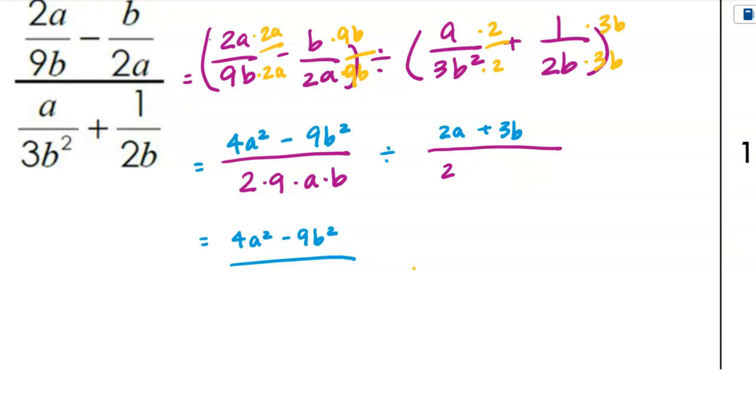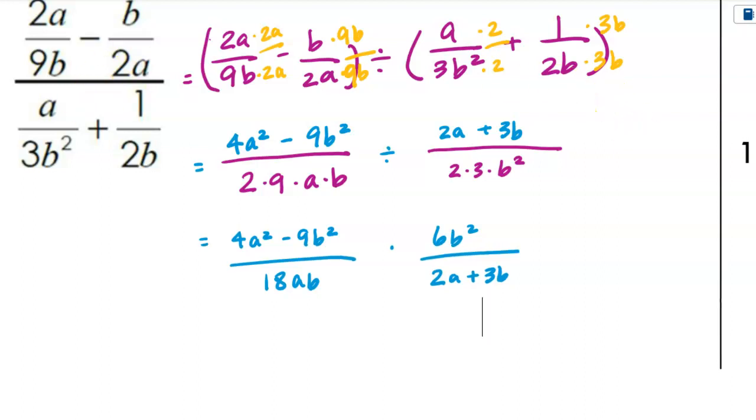I'm just kidding. I'm sorry. Let's go. Yeah, that was completely separate. Okay, so keep change flip. So that is 18ab times, that's going to be 2 times 3 is 6b squared over 2a plus 3b.